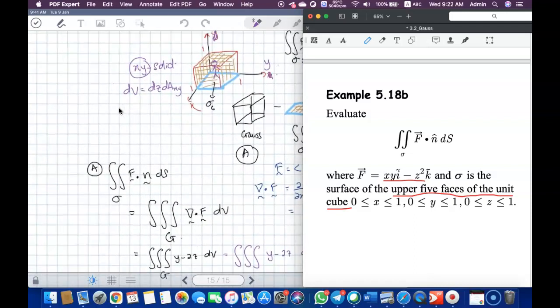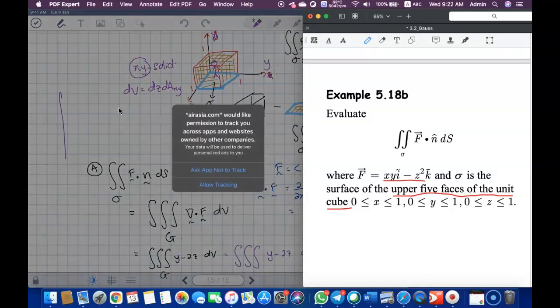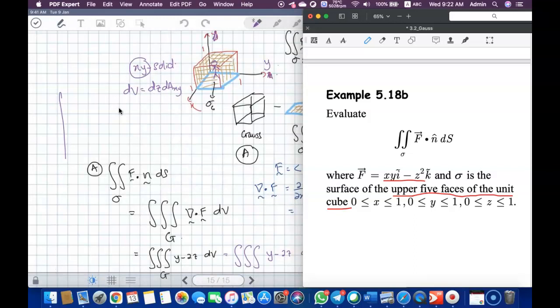Your region is a rectangle on the xy plane, and we have 1 and 1.